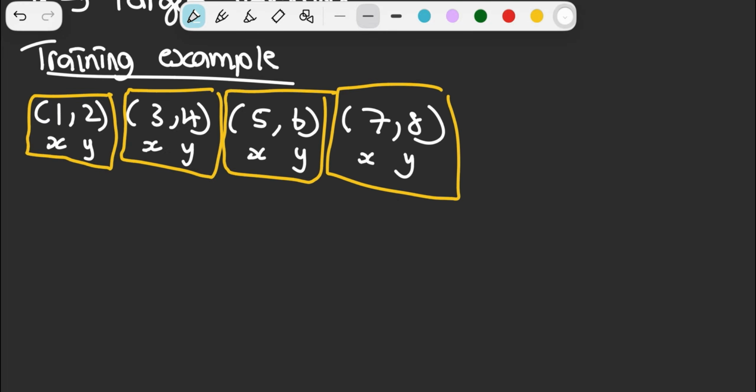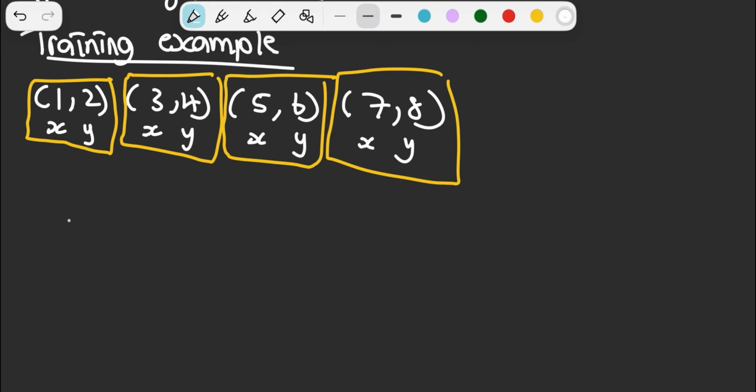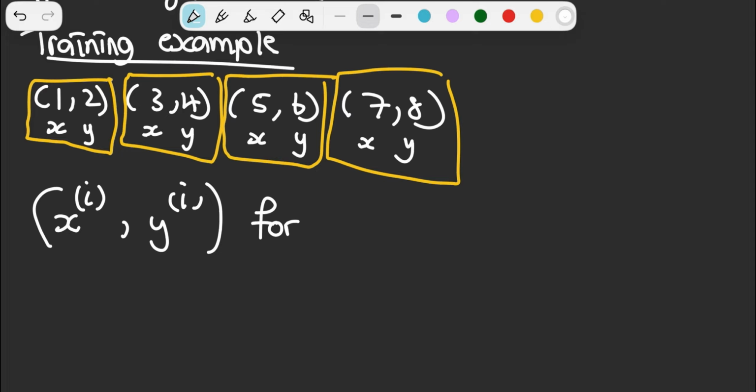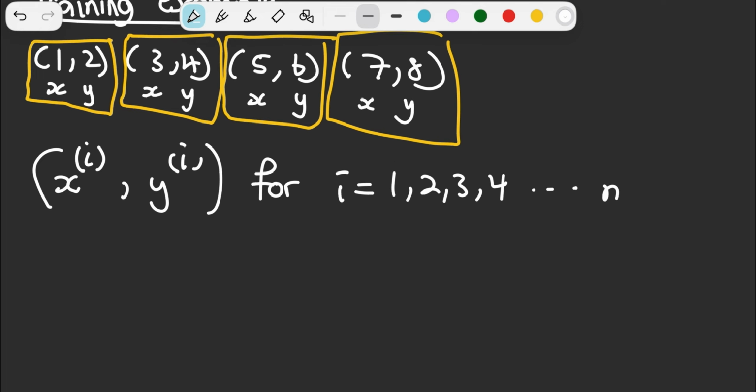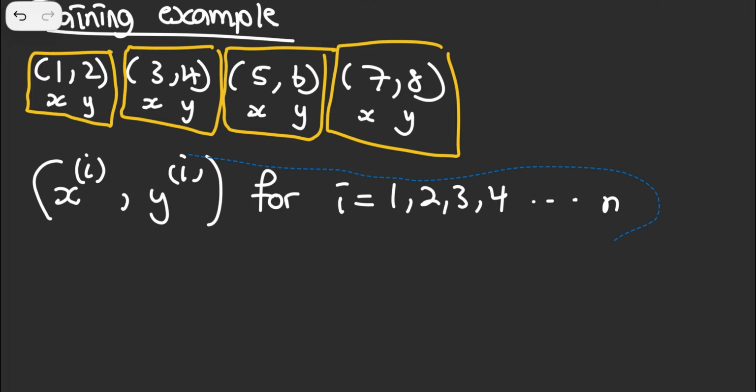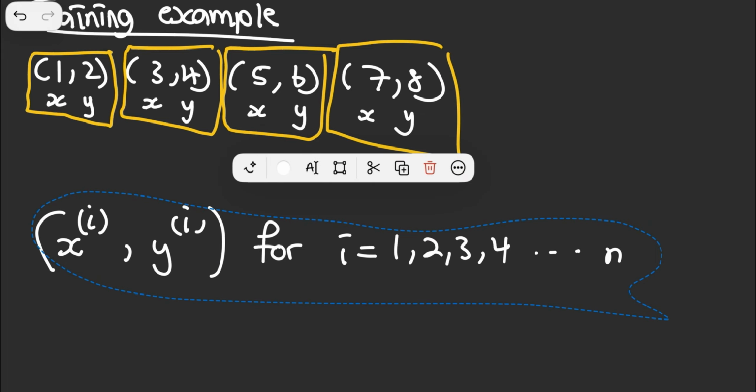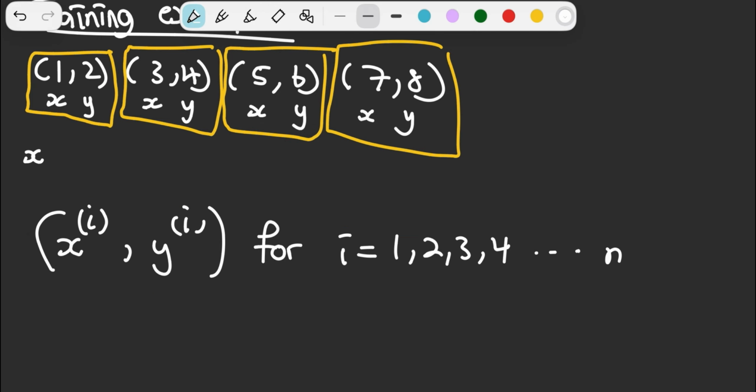And we can formally represent this by saying x to the power of i, a superscript, y to the power of i, for i equal to 1, 2, 3, 4, up until n. So this implies that the first example that we had at the beginning is going to be x1, this one is going to be y1.